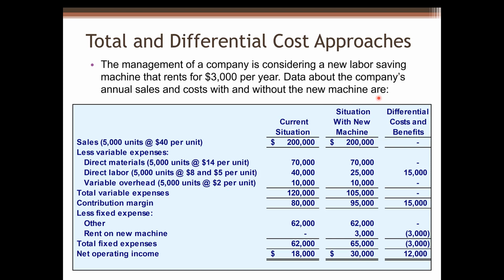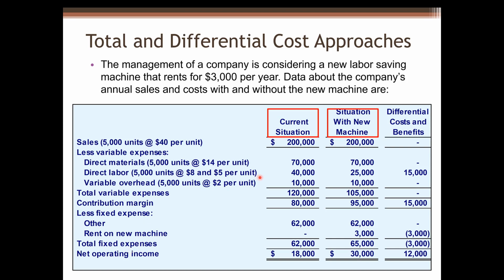Data about the company's annual sales and costs with and without the new machine are as follows. Using the total cost approach, we create a contribution income statement for two alternatives: the current situation without a new machine and the situation with the new machine. Recall the contribution income statement. We start from sales minus variable expenses, and then we get the contribution margin, minus fixed expenses, and then we get net operating income.